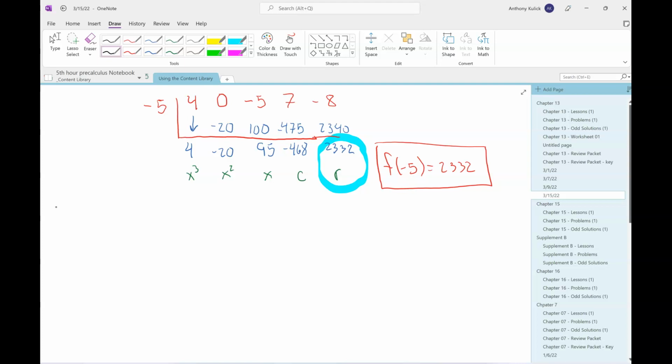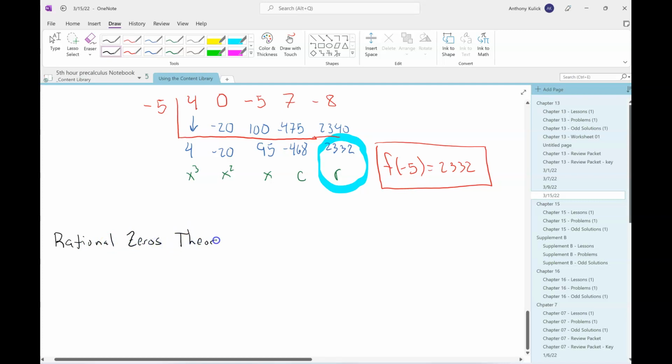The way we're going to be using synthetic division going forward is still looking for these x-intercepts, or these zeros, for these functions. So we still need some more tools to be able to do this effectively.